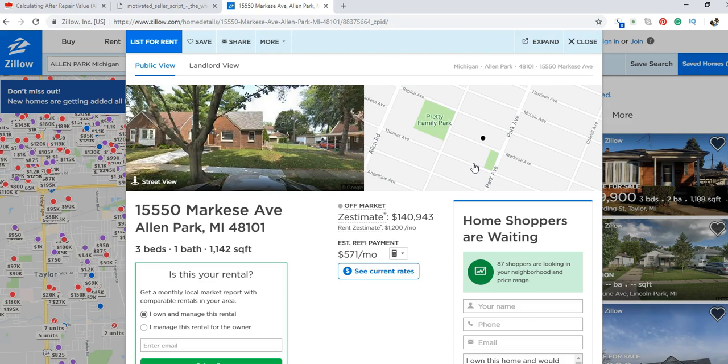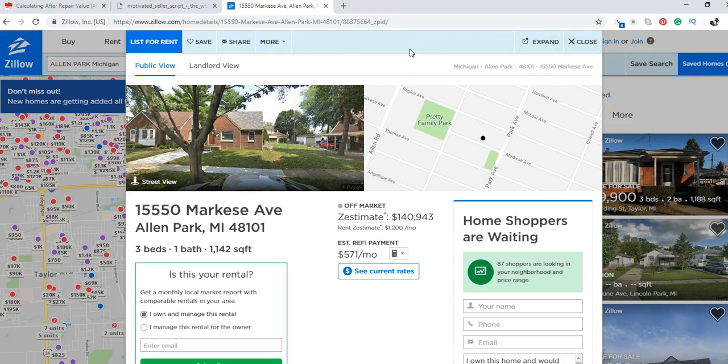You don't want to short sell yourself and come up with a number that's too little, but you need to look at the properties and be realistic, because that's what your buyer is going to do. If you send this over to an investor, they're not going to use a number that you've inflated to the very top of the market. They want to be able to sell it in a reasonable amount of time for a reasonable price, because they want to make their money too.